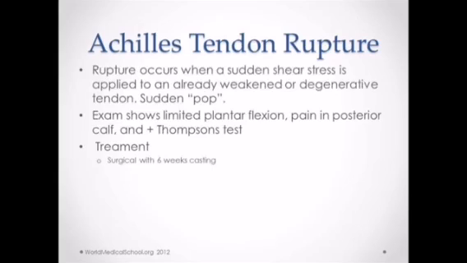The Thompson test is performed by putting the patient in a prone position and then squeezing the calf muscles. Absence of foot plantar flexion is a sign that could indicate an Achilles tendon rupture. Treatment is surgical, typically with 6 weeks of casting.